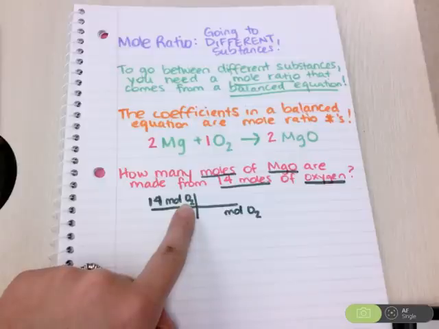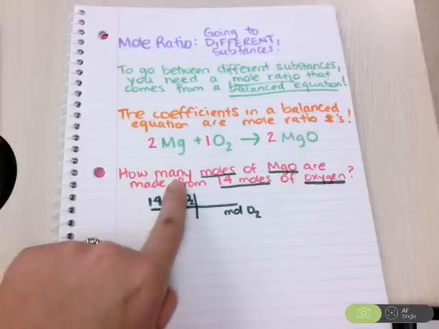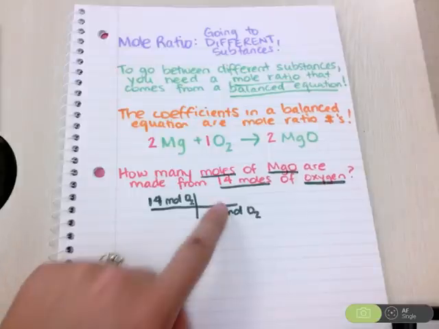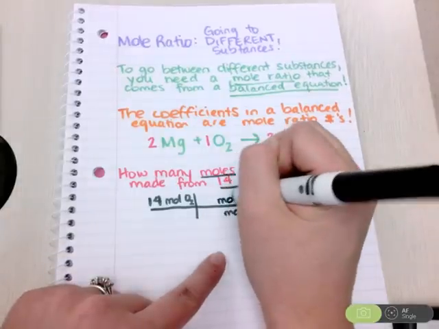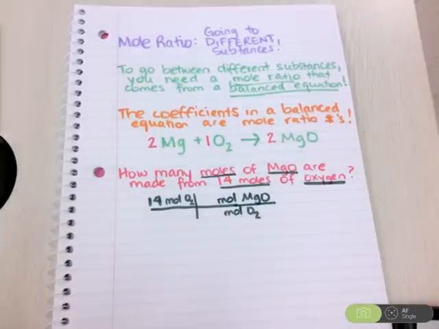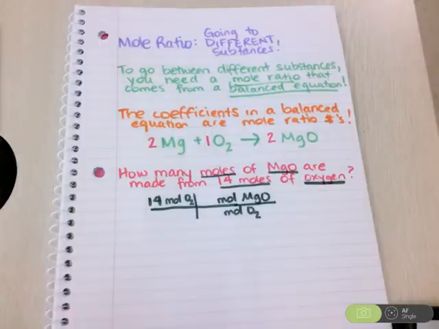And then what do I want? How many moles of magnesium oxide? So on the top box, moles of magnesium oxide. Okay? So just putting the unit no longer counts.